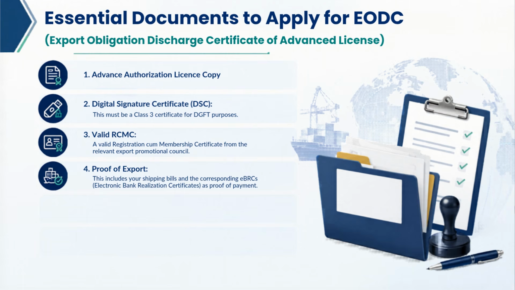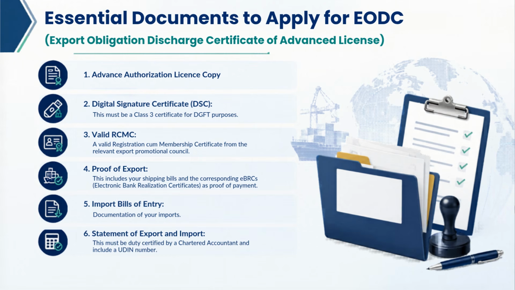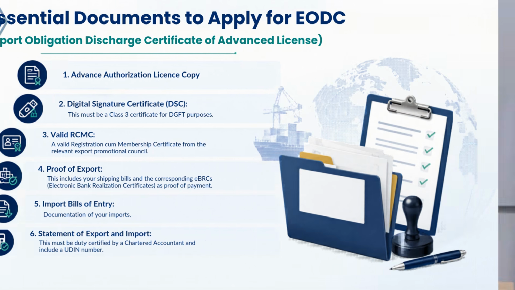This includes your shipping bills and the corresponding eBRCs, electronic bank realization certificates, as proof of payment. Import bills of entry. Documentation of your imports. Statement of export and import. This must be duly certified by a chartered accountant and include a UDIN number. These are the key documents required to apply for the Export Obligation Discharge Certificate of your advanced license.